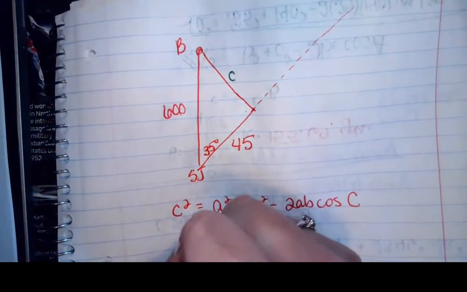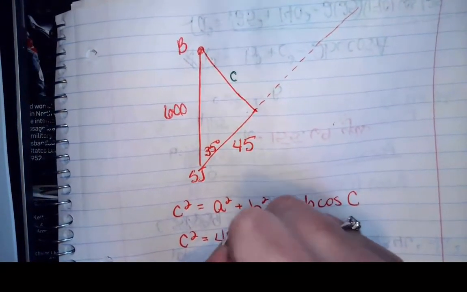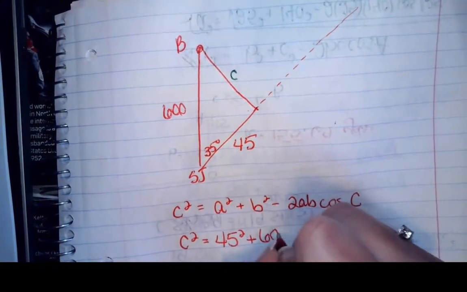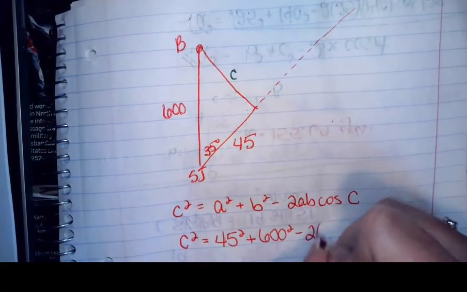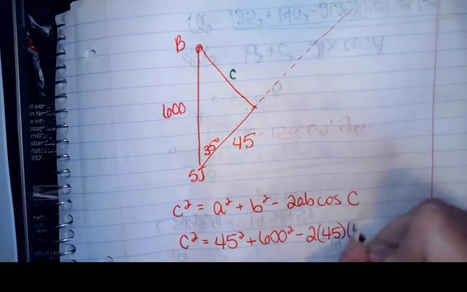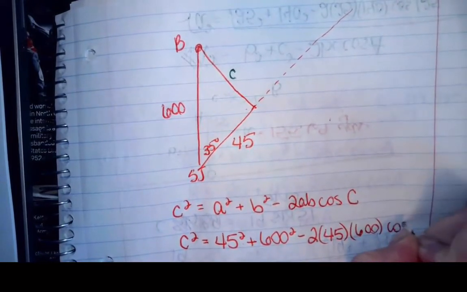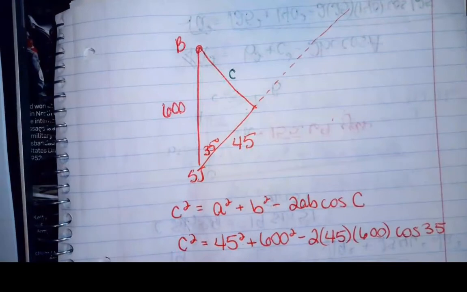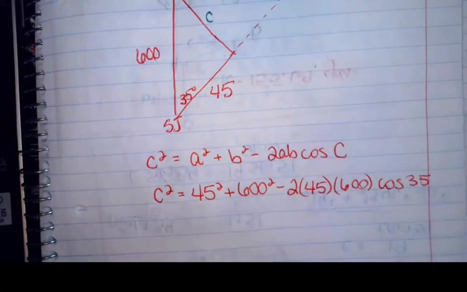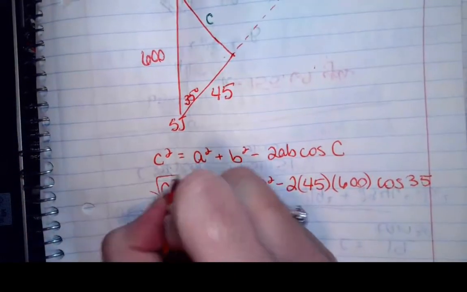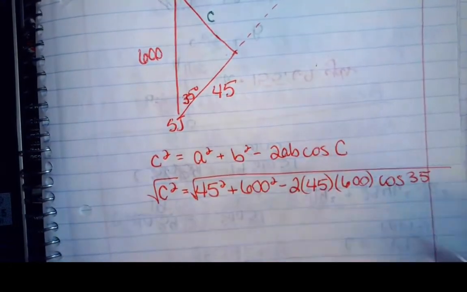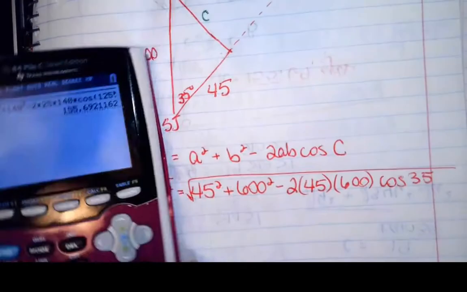So I've got C squared is 45 squared plus 600 squared minus 2 times 45 times 600 times the cosine of 35 degrees. I don't care what C squared is, I care what C is. So I'm going to take the square root of both sides.